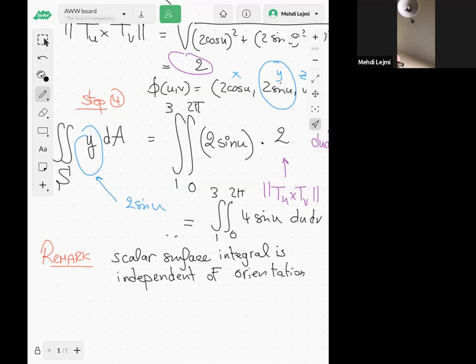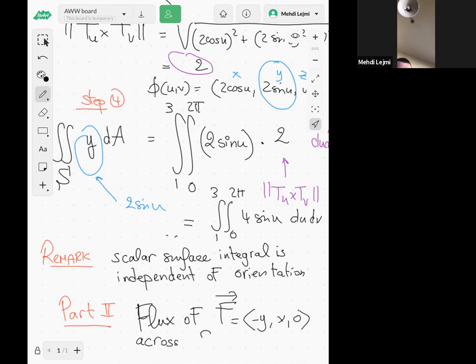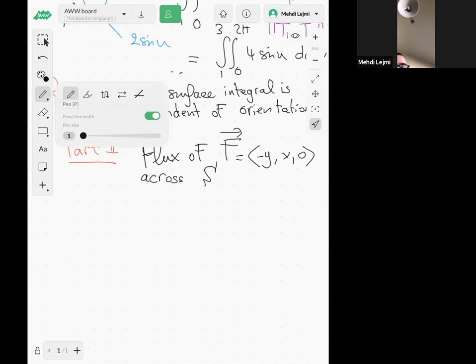So this was part 1, and this is part 2. In part 2, you have to evaluate the flux of this vector field F, which is (minus y, x, 0), across S. Just to remind you, what's the flux?